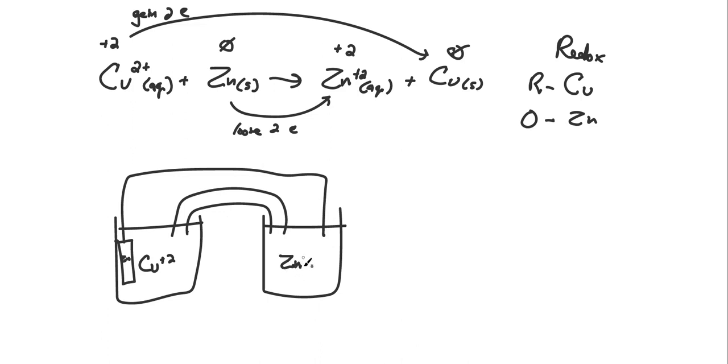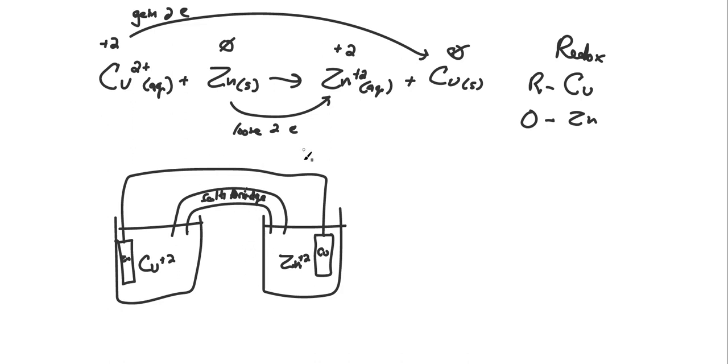So we got a zinc solution here and copper solid. Well, what's really happening here is we've created a battery with a salt bridge. Good thing you can listen to me because you wouldn't be able to read that. Okay, that's a salt bridge running between there.